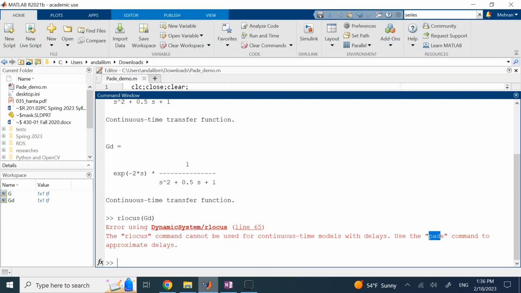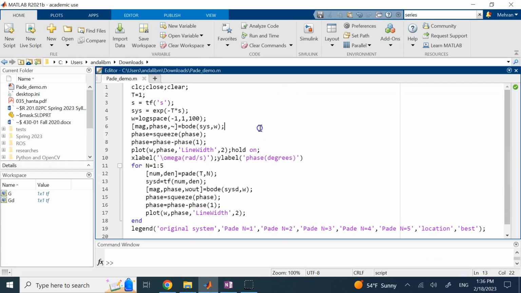Let me show you the code. So here, you have the pure delay, a system with just delay, and the delay is 1 second. So you create that system, and then you create the phase plot for that system. So here I'm not using the entire Bode command. I'm just using the Bode command to give me the magnitude and the phase, and I only plot the phase.